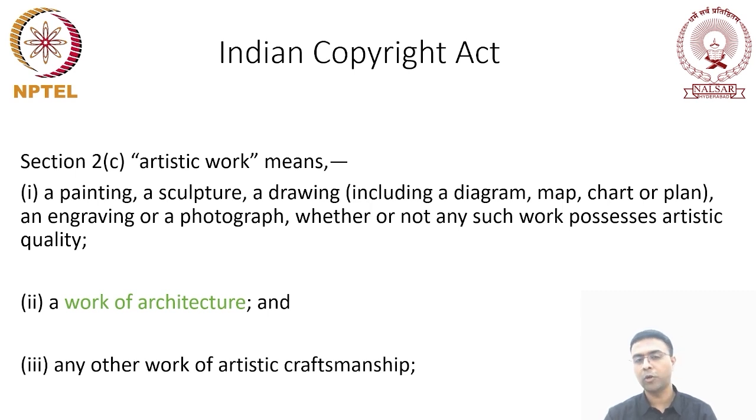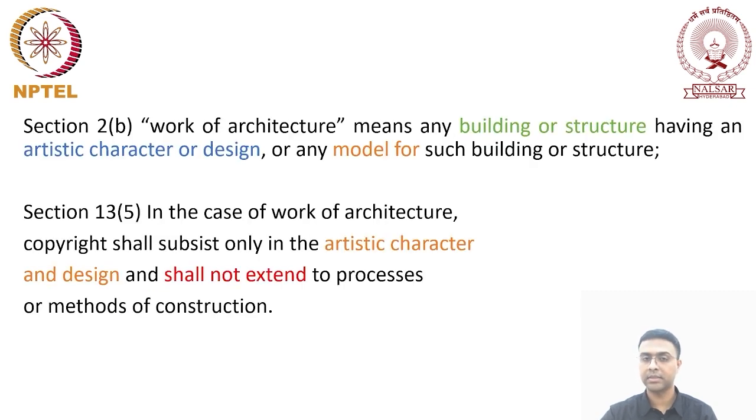To look at the Indian Copyright Act, we have seen this before of how there are many common elements between the UK Copyright Act and the Indian Copyright Act, wherein similarly a work of architecture is considered as an artistic work.